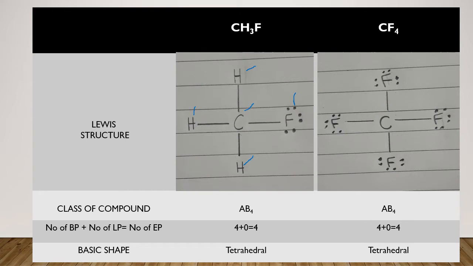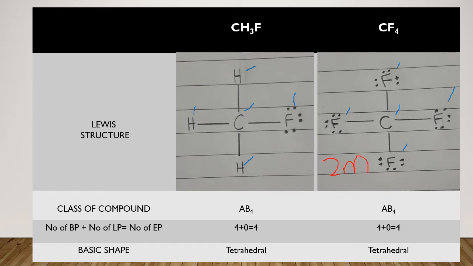The carbon atom is at the center, followed by four fluorine atoms, and this Lewis structure has also completed the octet. So, if you draw both Lewis structures correctly, you will get 2 marks.